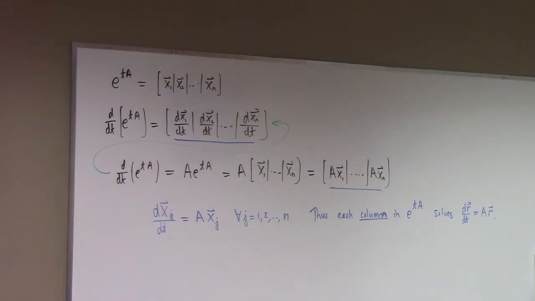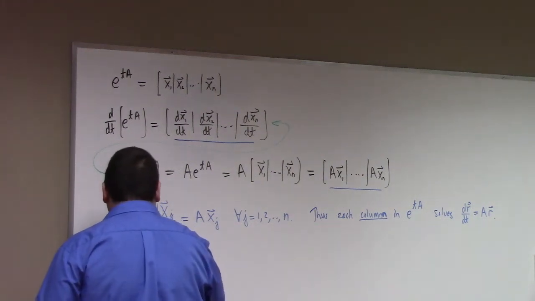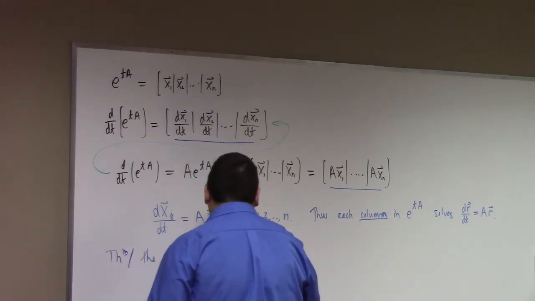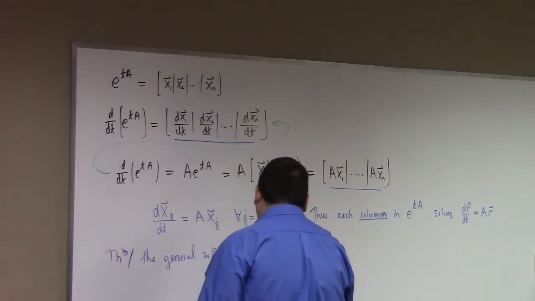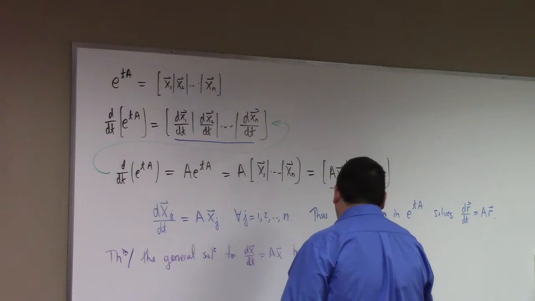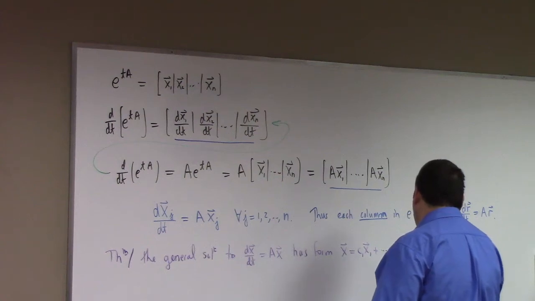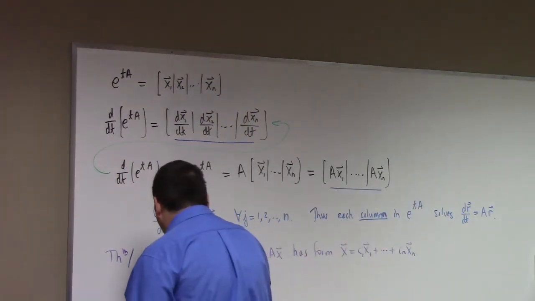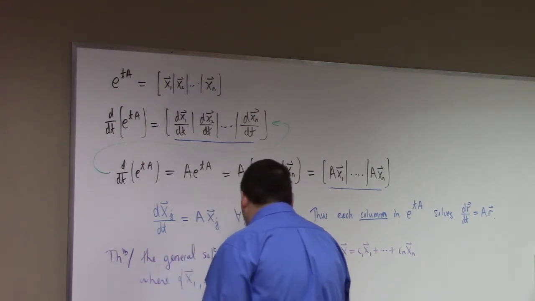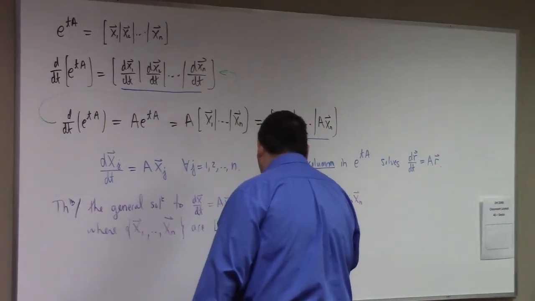Now, here's the theory of linear differential equations in a nutshell. Theorem. The general solution to dx/dt equals Ax has the form x equals c1 x1 plus through cn xn, where x1 through xn are linearly independent solutions to dx/dt.